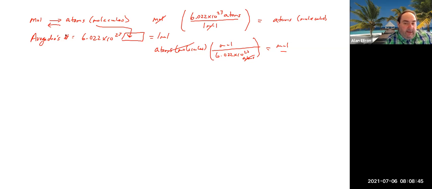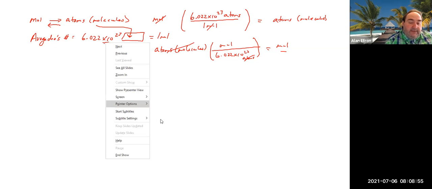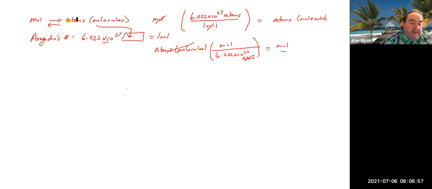Remember that we don't want to use Avogadro's number in every single calculation that we do. The key is the words on the right, which is in the problem. There should be a mention of atoms, or molecules, or something like that. And then you need to use Avogadro's number, usually to get to that mole situation.